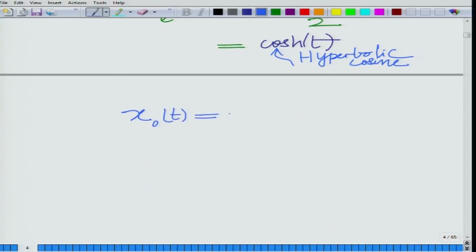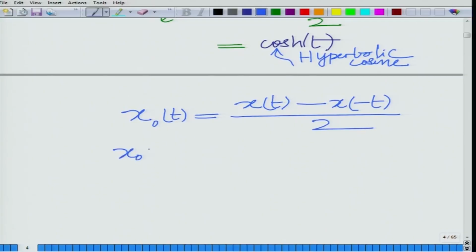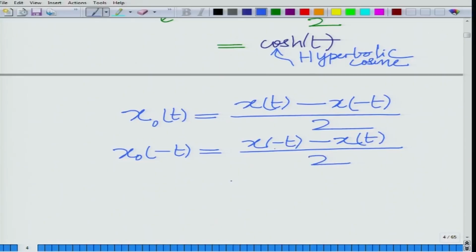And similarly, the odd component of x of t is given as x of t minus x of minus t divided by 2, and you can see that x odd of minus t is x of minus t minus x of t divided by 2, which is nothing but minus x odd of t. So this is indeed an odd signal.